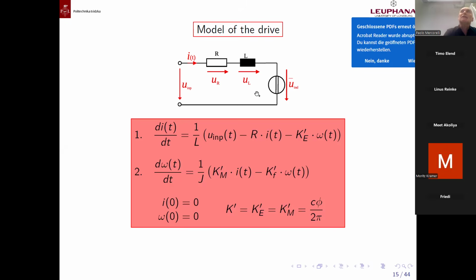Because the voltage here is equal to the voltage UR plus the voltage UL, plus this voltage here if you consider it. And if you remember, in Kirchhoff's law, I can calculate UR as R multiplied by the current, and UL as L multiplied by the derivative of the current with respect to time. Electrotechnique.